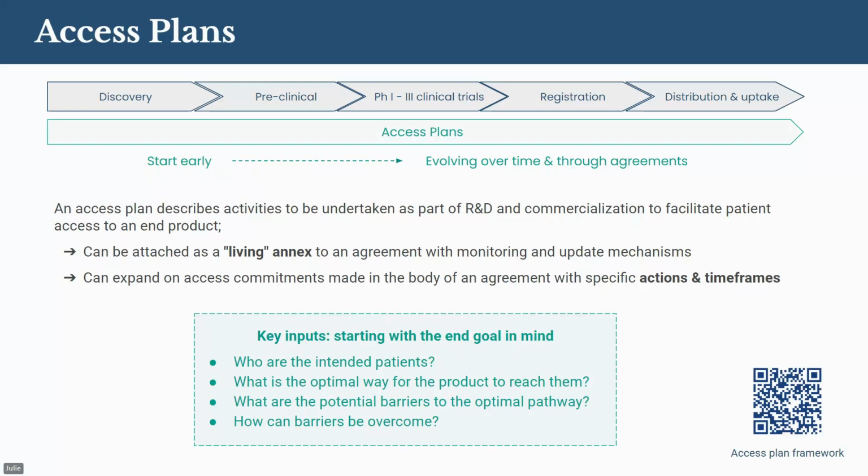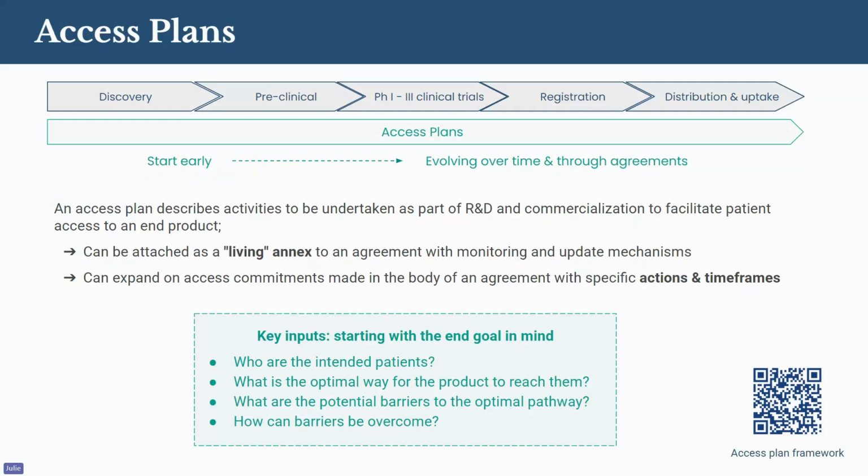So the access plan can be linked to agreements as an attachment or incorporated by reference in another way. But again, the important thing is that it's meant to evolve over the life of the agreement. So times can be set in the agreement when access plans are to be updated. So let's say it's in preclinical when it starts.